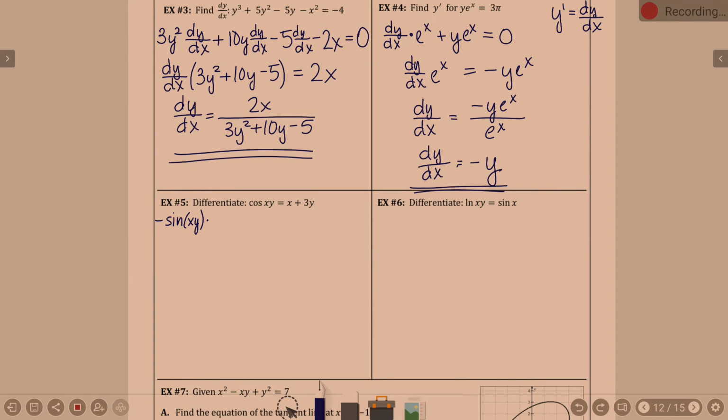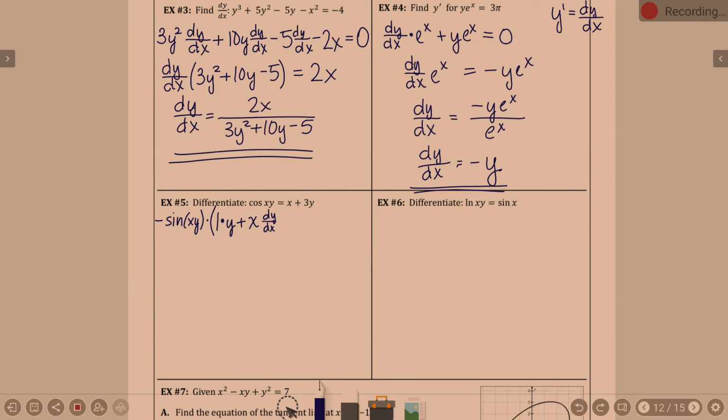But xy is a product. So for the derivative, I'm going to put a big old parentheses here. The derivative of x is 1 times y, plus x times the derivative of y, dy dx.